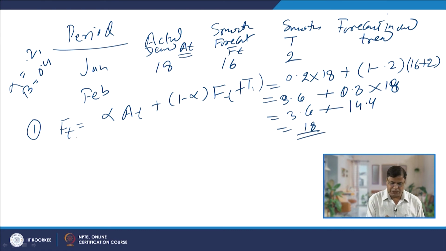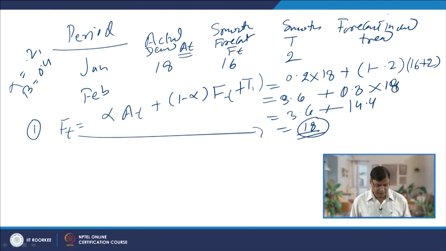So the exponentially smoothed forecast for the next period, with the trend, will be 18.